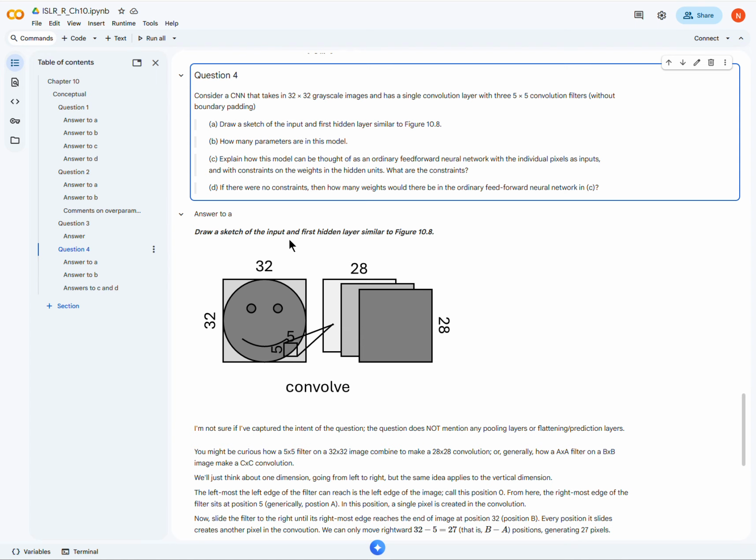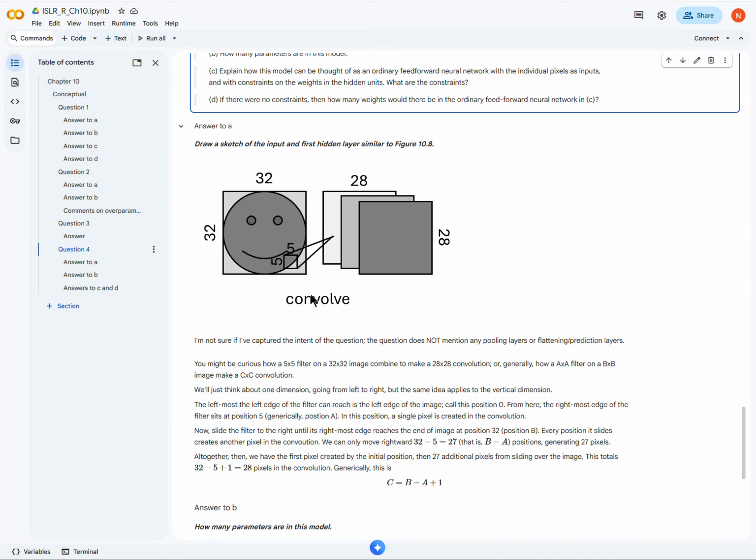In the first part, we're just going to draw a sketch of the input and first hidden layer, similar to a figure in the book, figure 10.8. You can go check that out. And this is what it looks like right here. Or I mean, this is me making an image, of course, but we have a 32 by 32 image. And then we have our little filter.